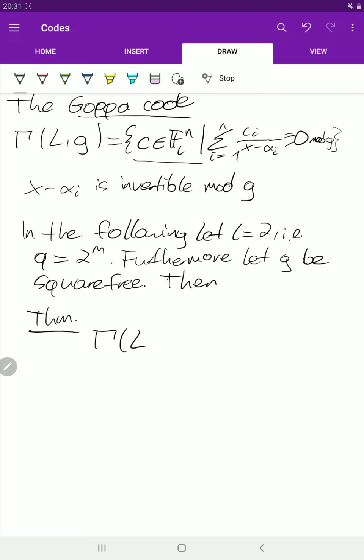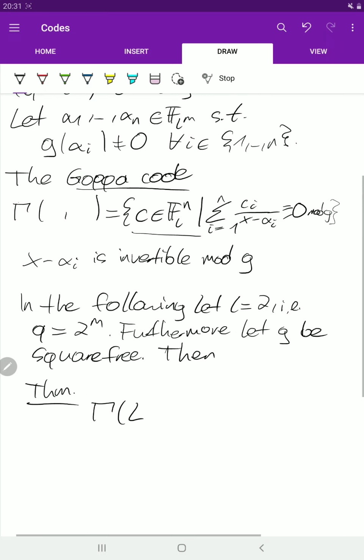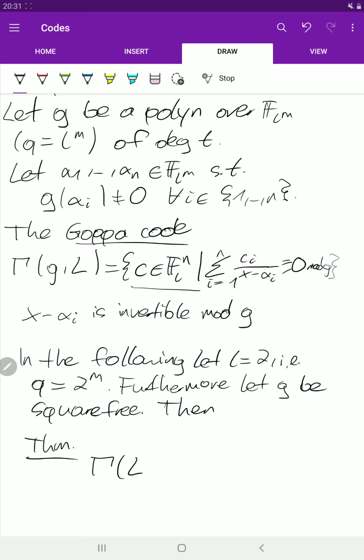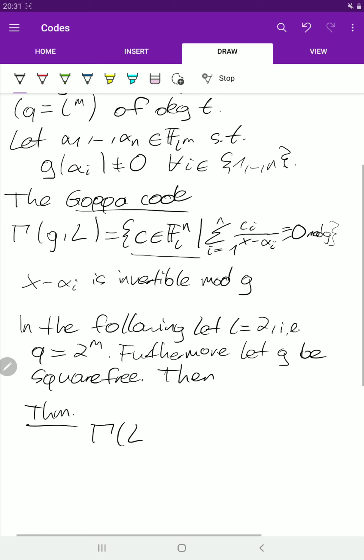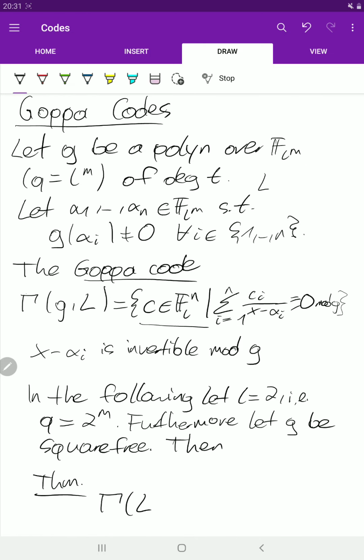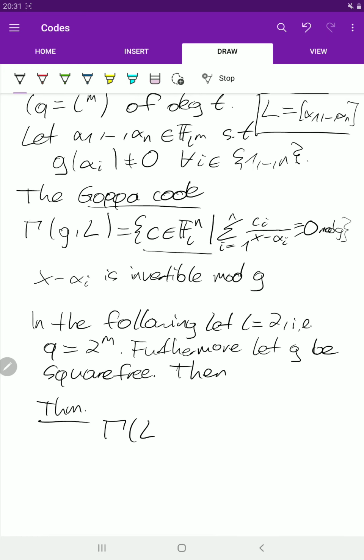Oh, I should have written what L is. So L is just a list of alpha_1 to alpha_n, so it's an ordered set.